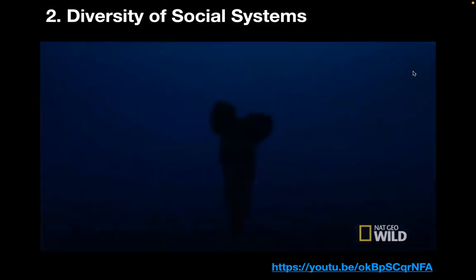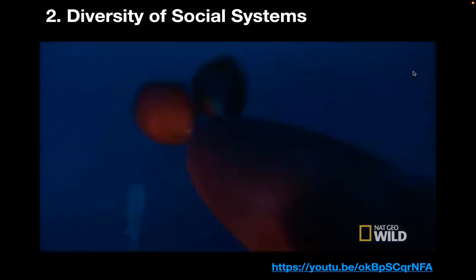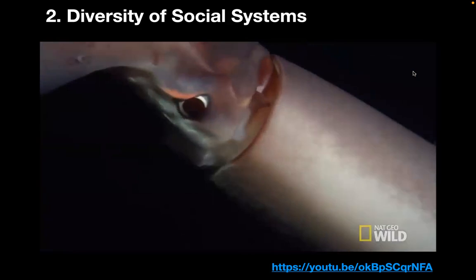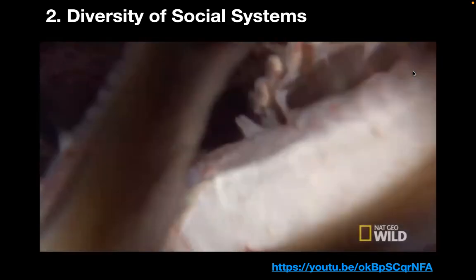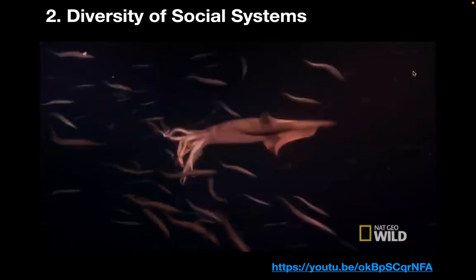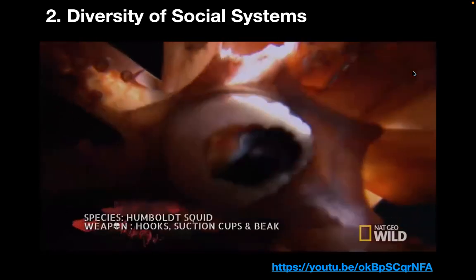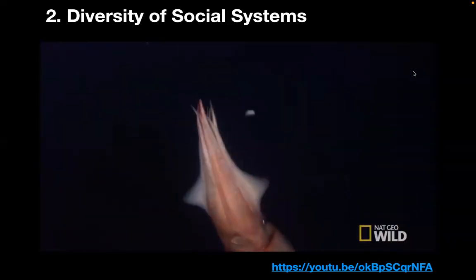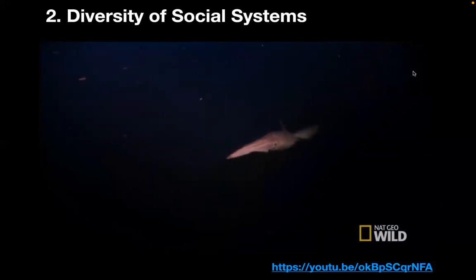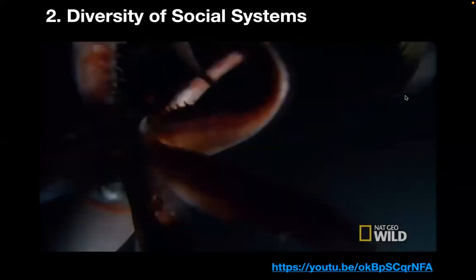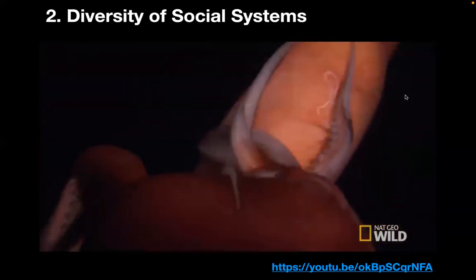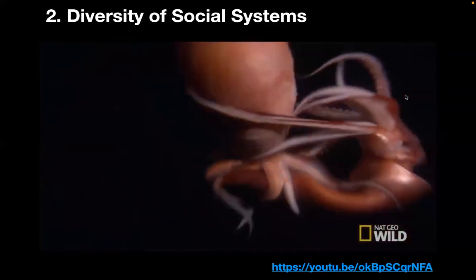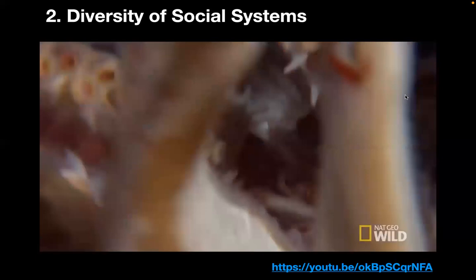Surprisingly intelligent, they communicate with each other by flashing messages with their skin. The messages are received with eyes the size of billiard balls. Ten limbs lined with hooks and suction cups drag victims to their raptor-like beak. These squid show no mercy, even for their own relatives. They're cannibals.